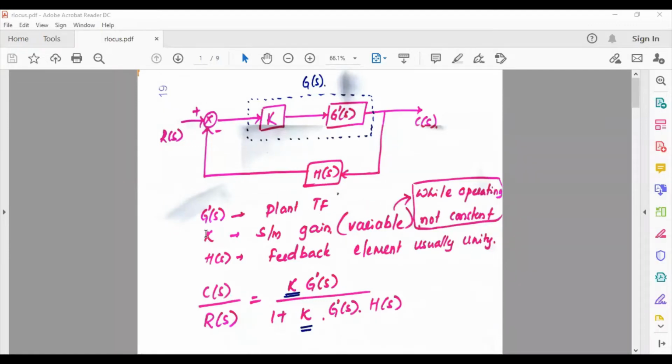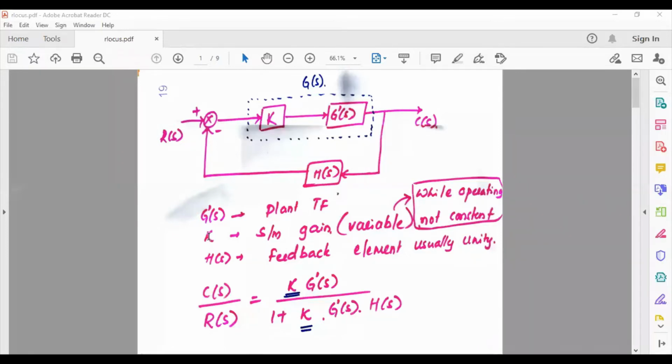It will vary when we operate. That's why I call it a variable. Variable has a different interpretation also, but for this example, while we operate the bicycle, our speed is obviously not going to be constant throughout the operation. Is that clear for everyone?